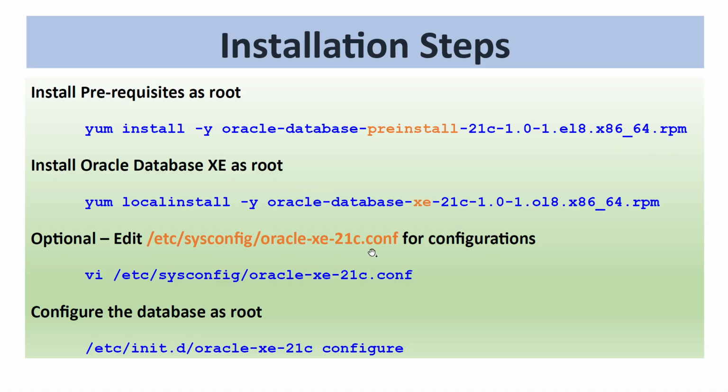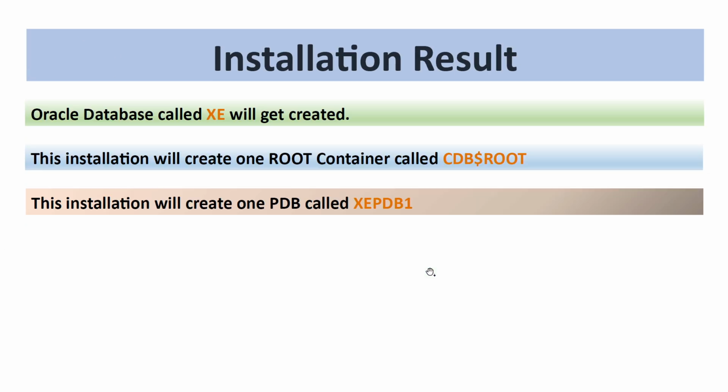There will be a conf file which will get automatically created. In that conf file, if you want to modify some configuration parameters, go ahead and modify them as per your requirements. And finally, use the /etc/init.d/oracle-xe-21c configure command, which will configure the Oracle database for us. Once the database is configured, a database called XE will get created.